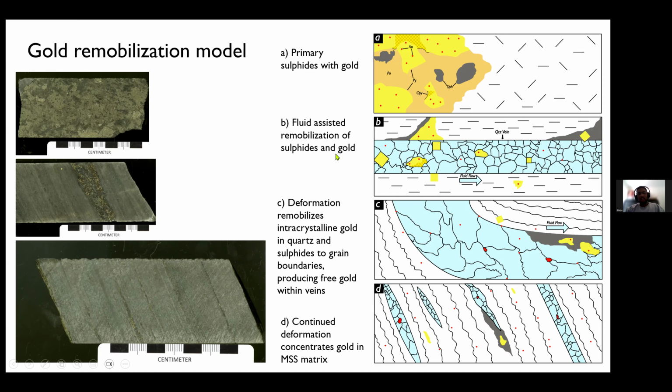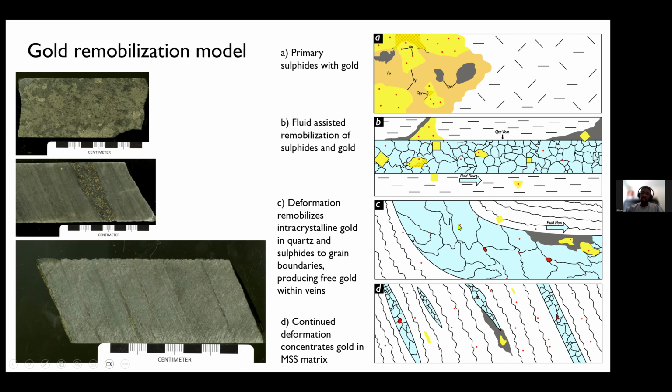These sulfides are then remobilized by some fluid to produce these veins we see here, where you have your quartz vein entrapping these sulfides. Maybe there's some more sulfides along the margins of the vein, but the gold is still typically found within the sulfides. Through deformation, the quartz veins, in this case, experience grain boundary migration.